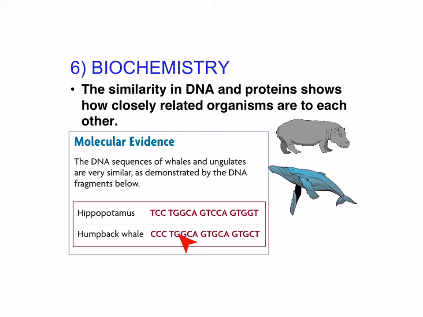There are so many similarities, just like we would see in any organisms that are closely related. So those are the 6 forms of evidence that we have for evolution by natural selection: fossils, homologous structures, analogous structures, vestigial structures, embryos, and biochemistry.